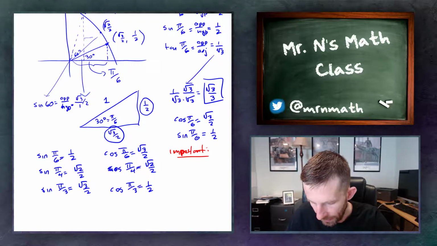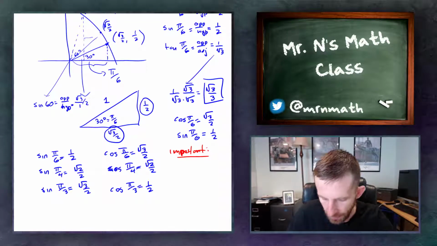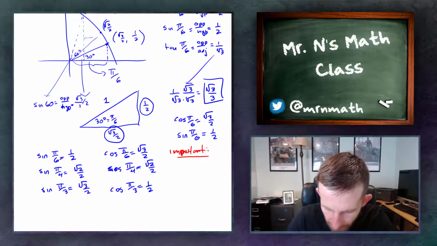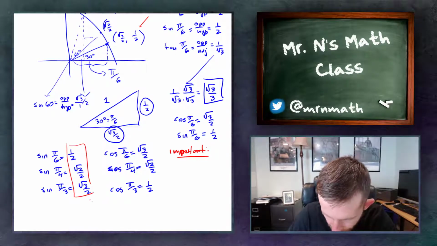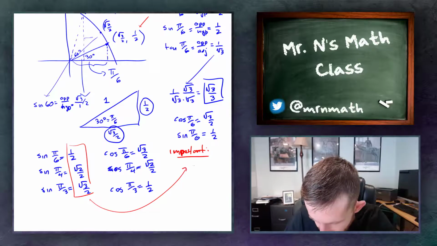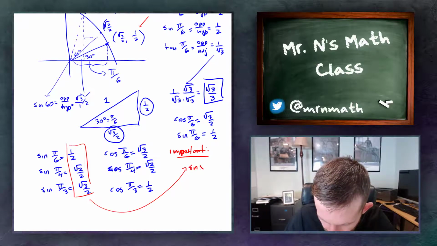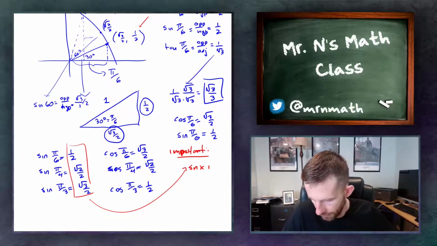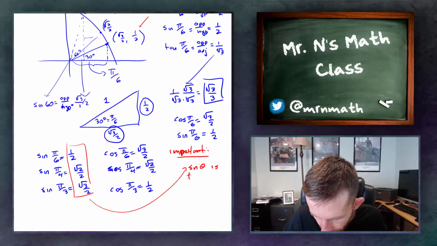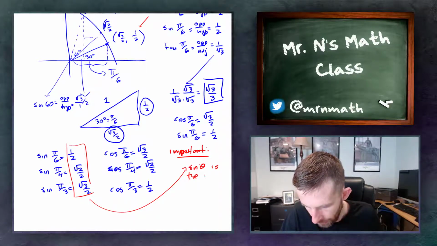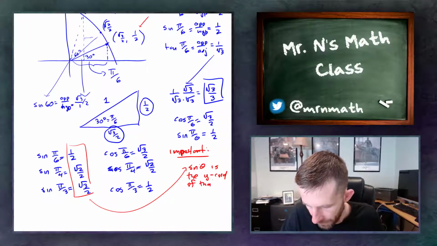Sine of theta, sine of an angle, is the y coordinate of that angle.